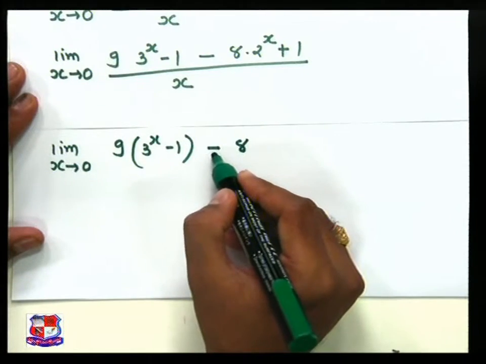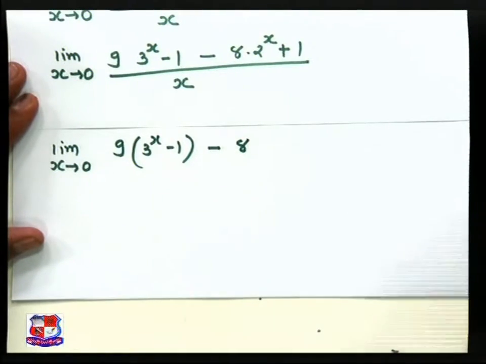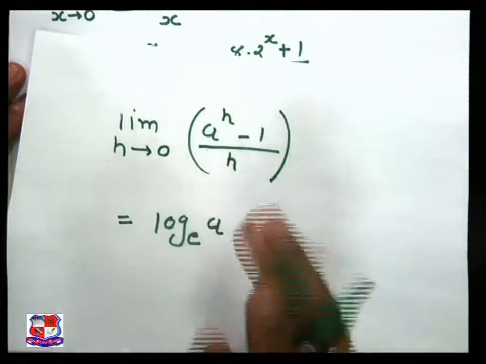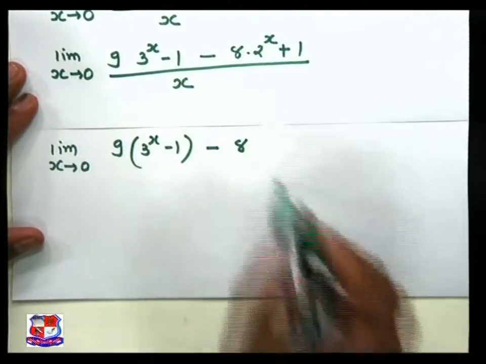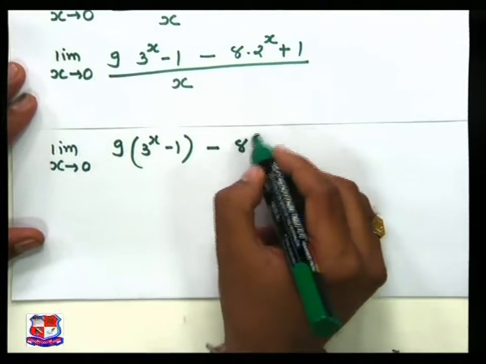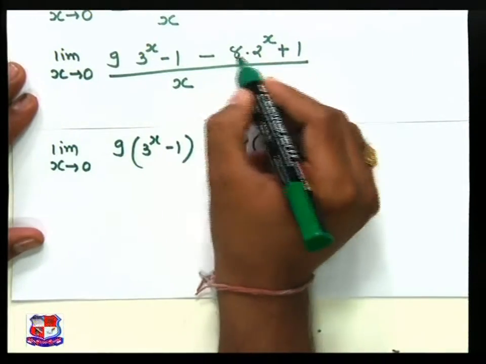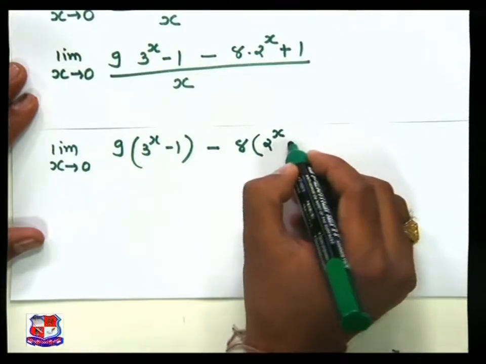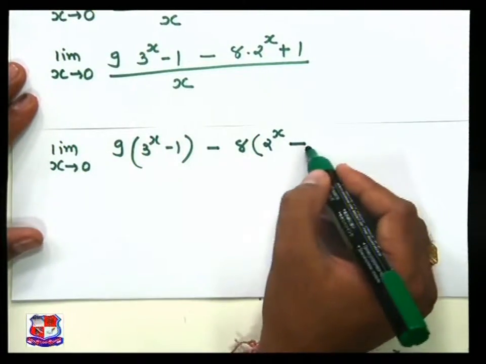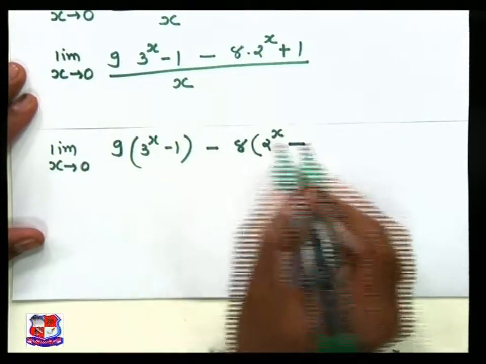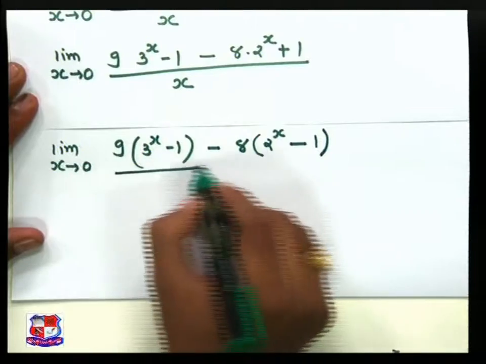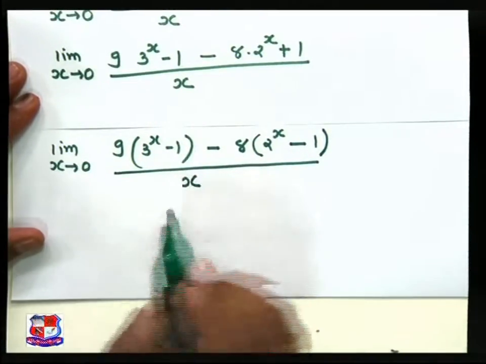Now we want to take a common minus sign, because our equation requires the minus sign here. So the remaining term is minus 8 into 2 raised to x, and this plus becomes minus. So if we take minus 8 common, the remaining is 2 raised to x minus 1, divided by x.